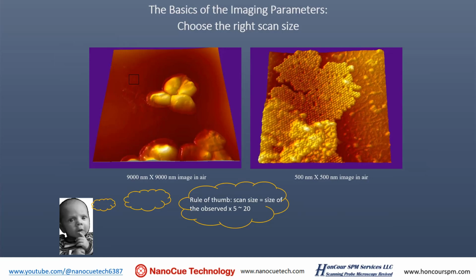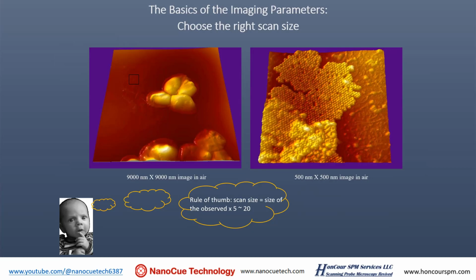So here's the rule of thumb: if you want to image something, how do you decide the scan size? Firstly, you have to ask yourself, what is it you want to image, and what do you expect to see? Then ask yourself, how big is the species?